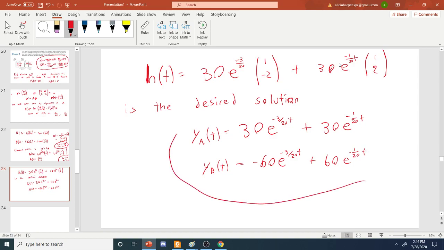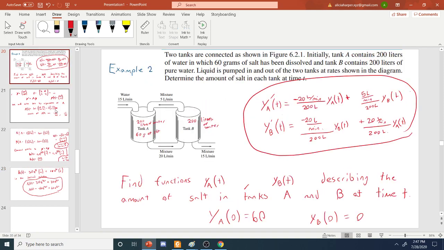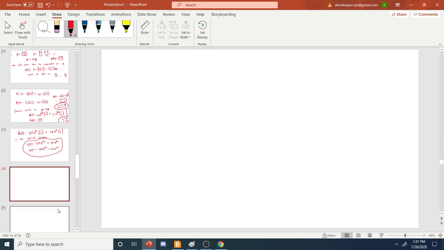And so finally, we have solved our system of equations. So this is another example indicating how eigenvectors and eigenvalues can be used to solve differential equations.